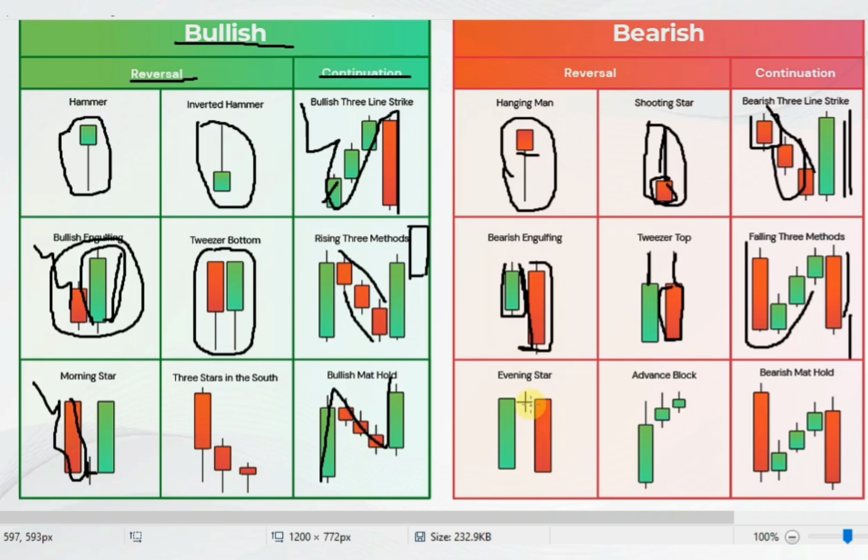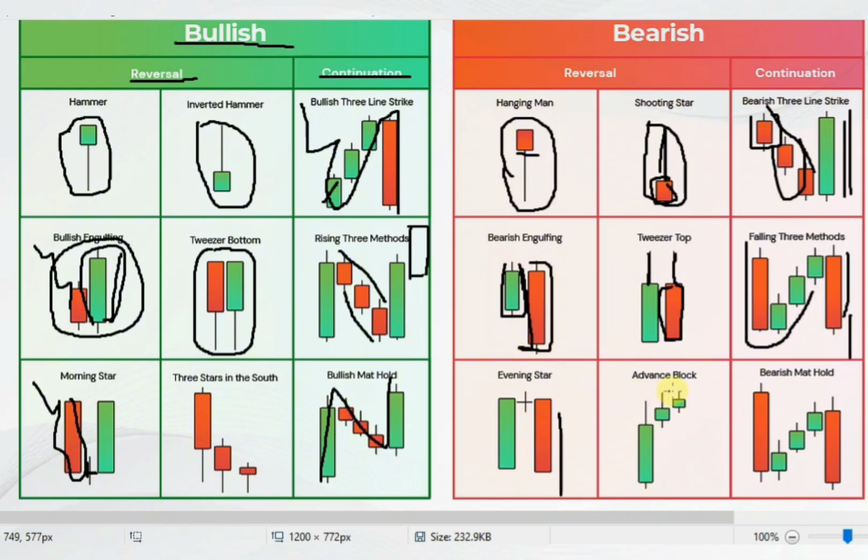The next candle after this doji was a red candle, which means sellers have overtaken the buyers. So this means they are going to keep pushing the price to the downside.